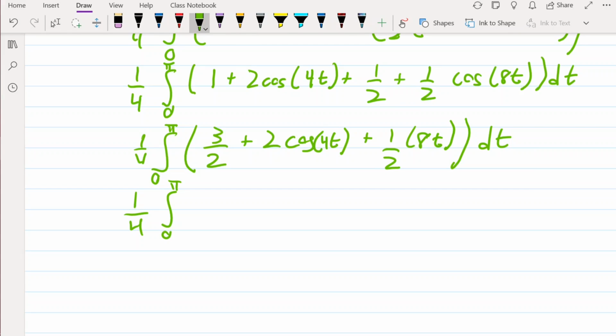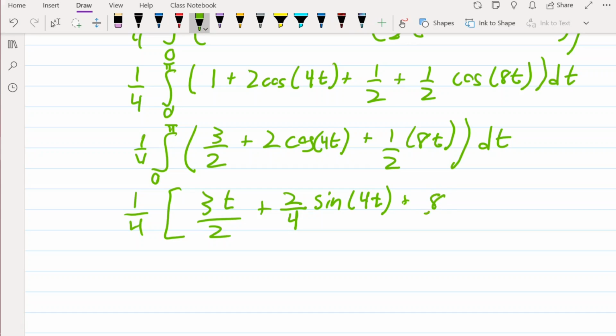Now, then it's time to integrate. So that'll be 3t/2 plus 2/4 sine of 4t. I don't know why I'm writing my 4s like t's today. Plus 8/4 t squared, all from 0 to pi.